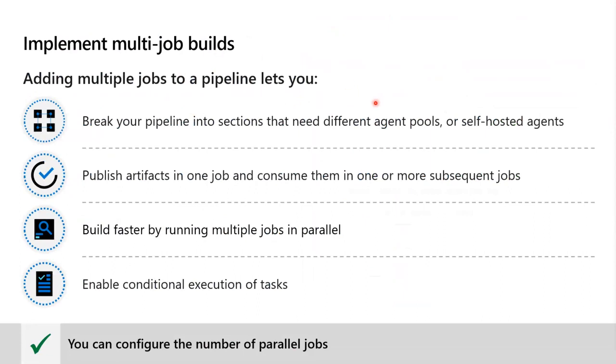So you can add multiple jobs to a pipeline, which lets you break your pipeline into sections that meet the different agent pools or self-hosted agents. So you can have this group of tasks executed in a specific agent, this other group of tasks executed on this other agent, and so on. And you can publish artifacts in one job and consume them in one or more subsequent jobs. So with this, based on the strategy that you follow, you can build faster by running multiple jobs in parallel, and you can enable conditional execution of tasks.